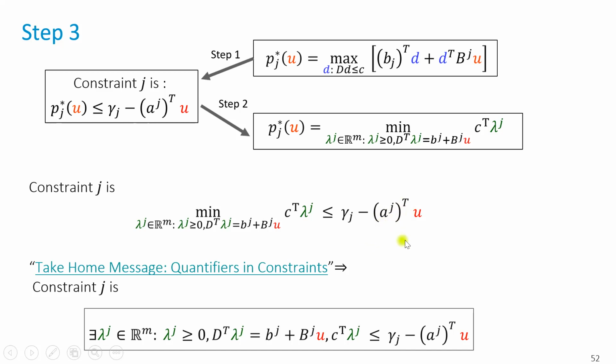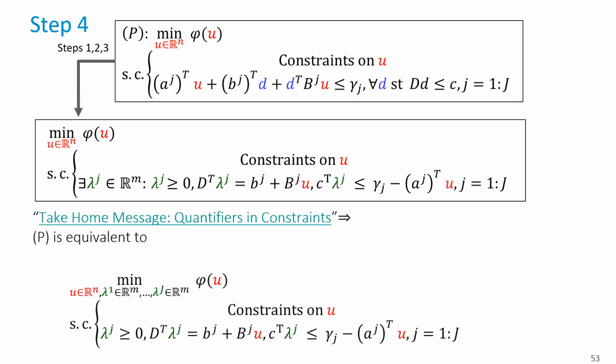We can see that this is saying that u is larger than or equal to a min. And we see that being larger than or equal to a min is the same as there exists a value of the vector of Lagrange multipliers such that this is larger than that. Which I write here, there exists a value that satisfies all those constraints here, such that this is larger than that. But now bingo is finished.